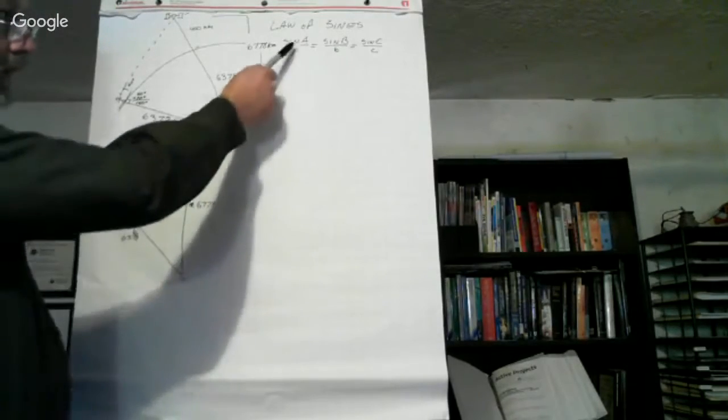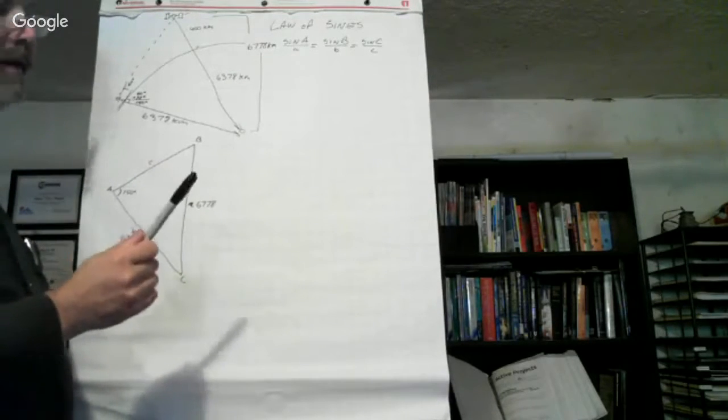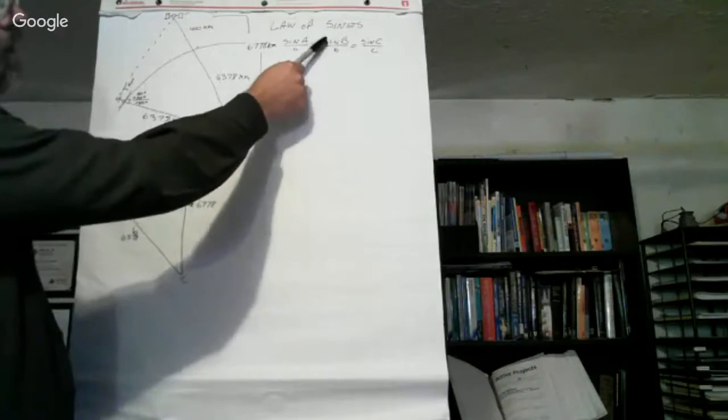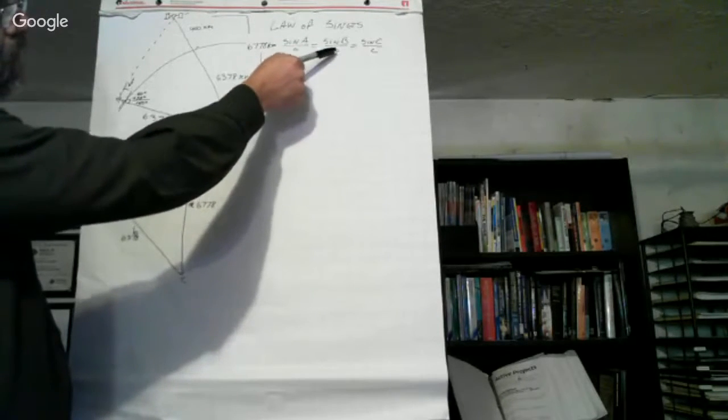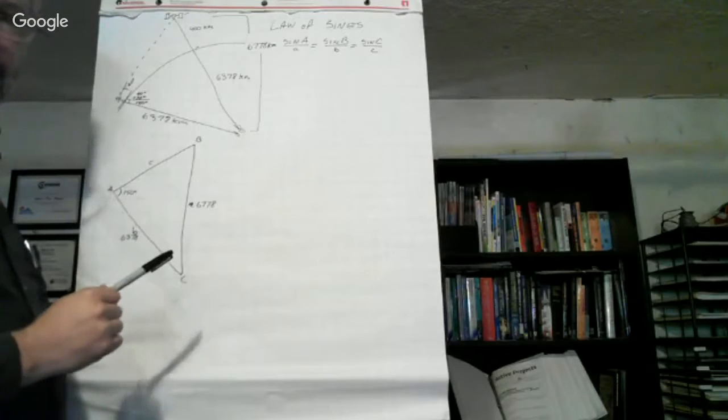So if we have one, we can derive the others. But we need either the angle or the side to figure out the other through algebra.